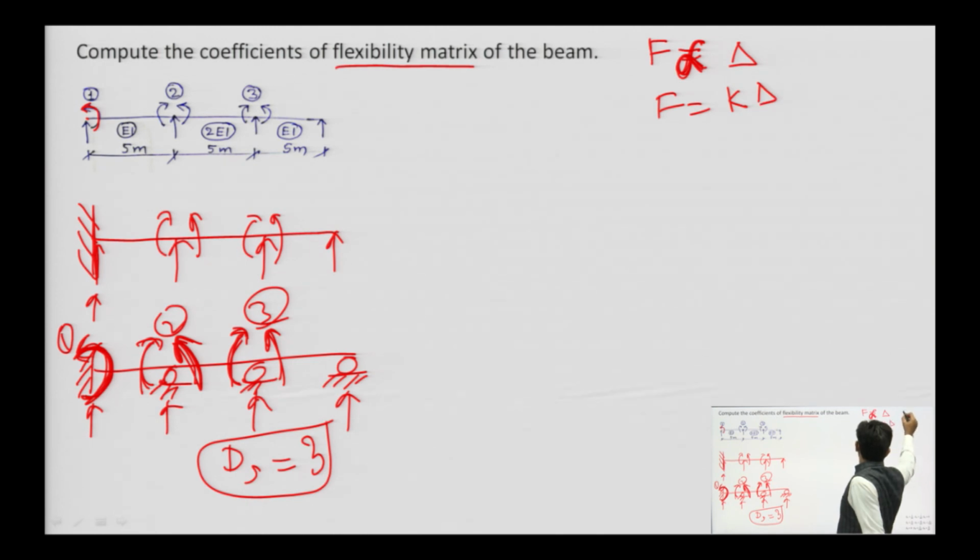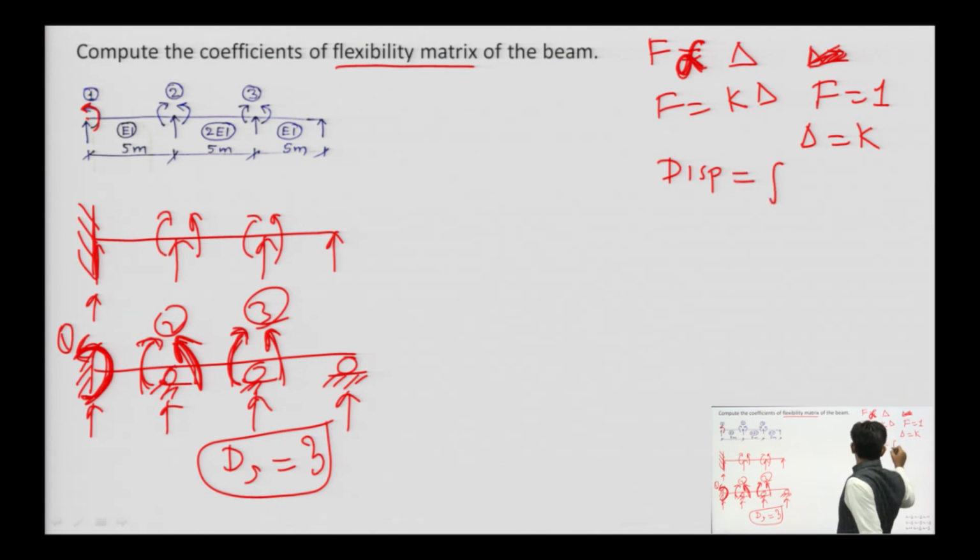Now if F is equal to 1, then the displacement delta is equal to k. This k is the flexibility.